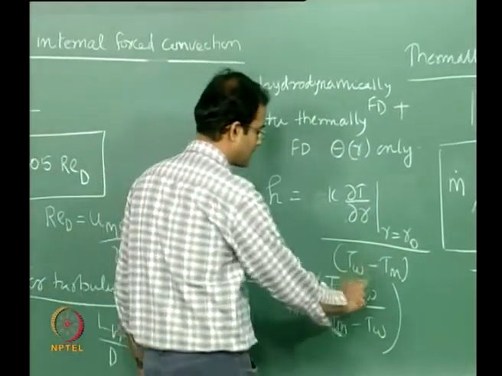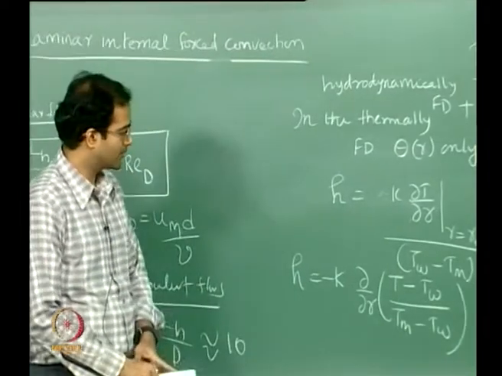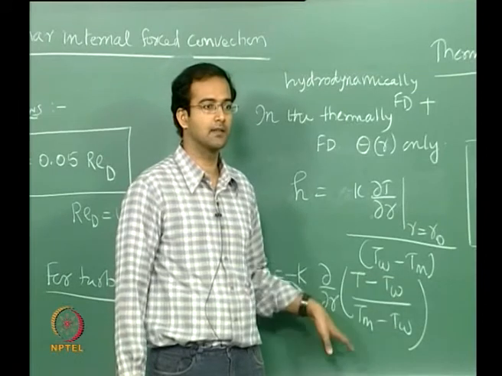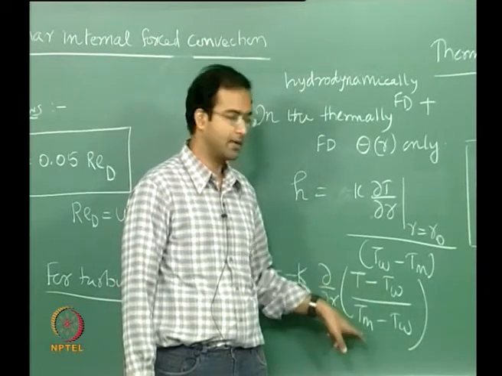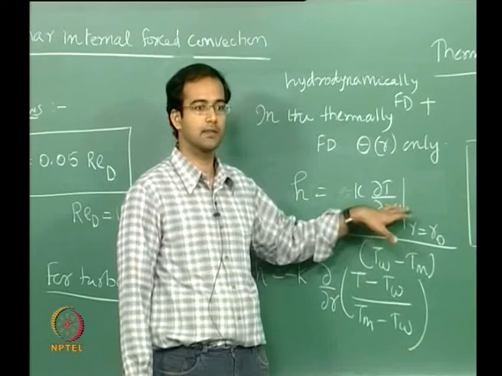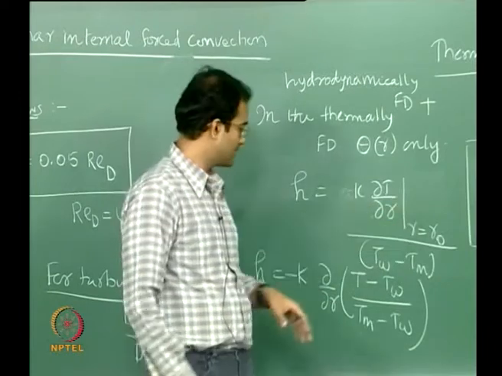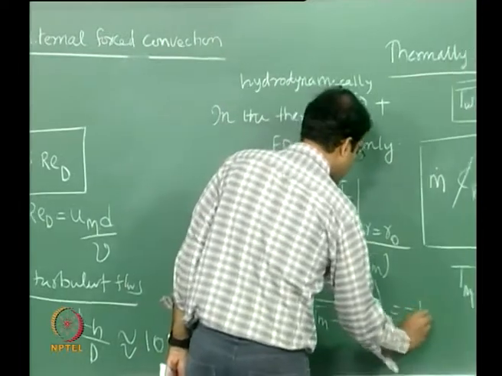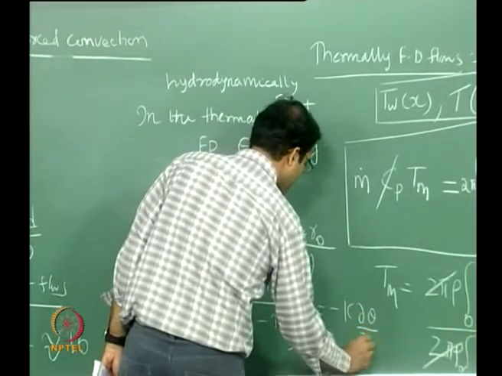I am just flipping this as T minus T wall. Since T wall and Tm are only functions of x, I can just introduce this as T minus T wall by Tm minus T wall, which is the same as this, correct? So this is nothing but theta, so this will be minus k d theta by dr.